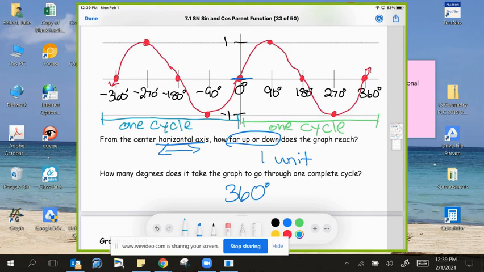So when we graph these, we'll be graphing most of the time 2 cycles. So you'll have 2 of those curves attached. We doing okay so far? Feel free to put questions in the chat.